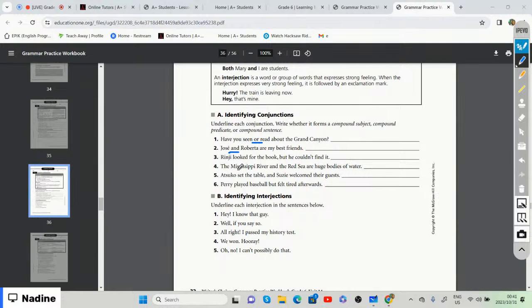And then we have Rinji looked for the book, but he couldn't find it. We need to select the coordinating conjunction.